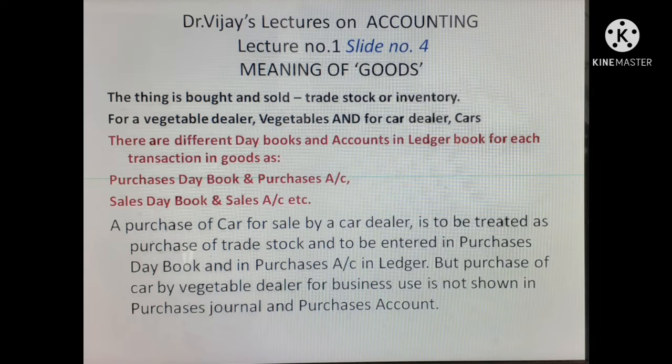There are different day books and accounts in the ledger book for recording each transaction in goods. The purchases day book and purchase account record the purchase of goods, say, for a vegetable merchant, purchase of vegetables. The sales day book and sales account in the ledger record the sale of vegetables.